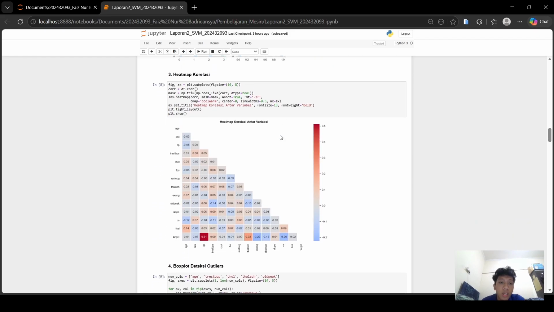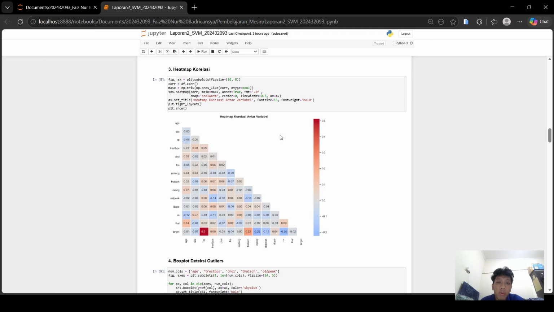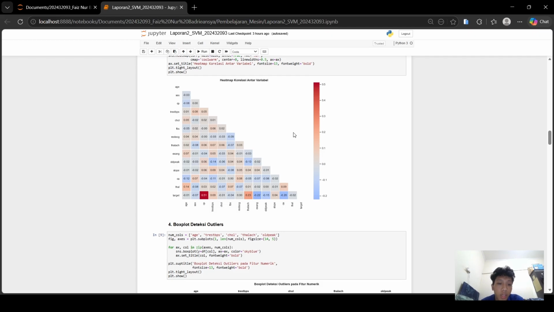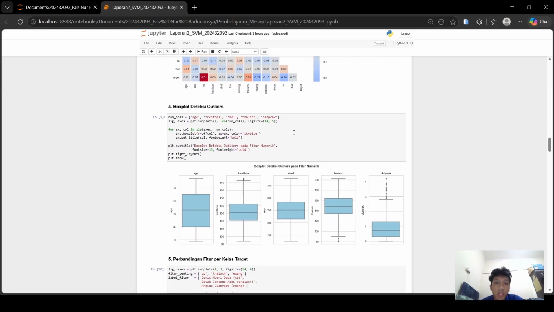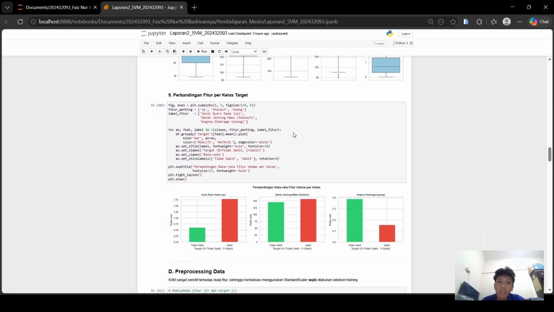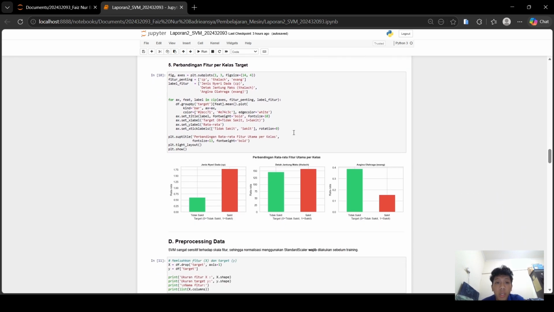And then we have the heatmap correlation, where you can see all of that, and then box plots for outlier detection. We have 5 features: age, trestbps, chol, thalach, and oldpeak. And then the comparison of features against the class target.